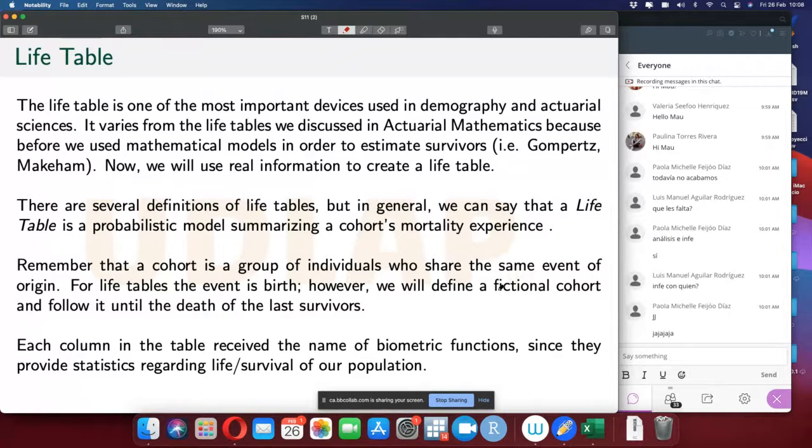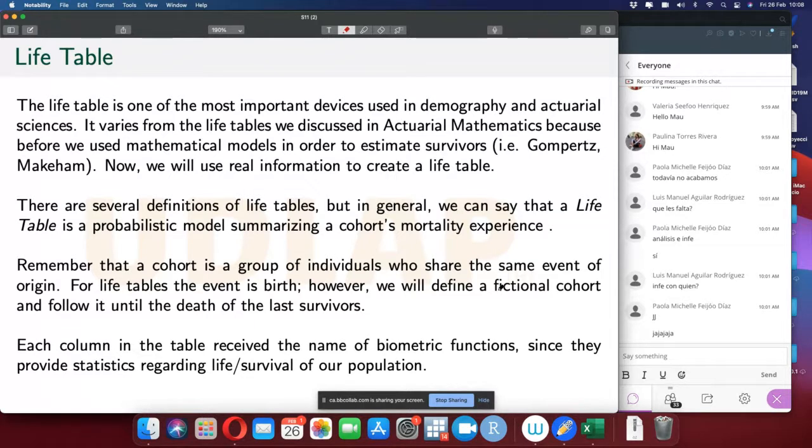So how are we going to do that? Because we could actually track these people, and they have done it before in many countries. But if you track this cohort's experience, and then the last of them is dead, this information is useful from a historical perspective, but they're all dead now.